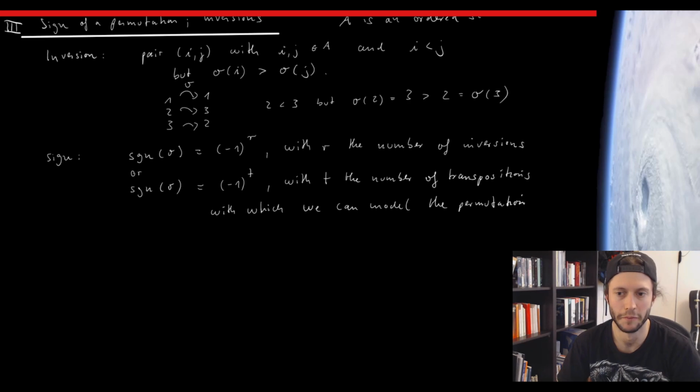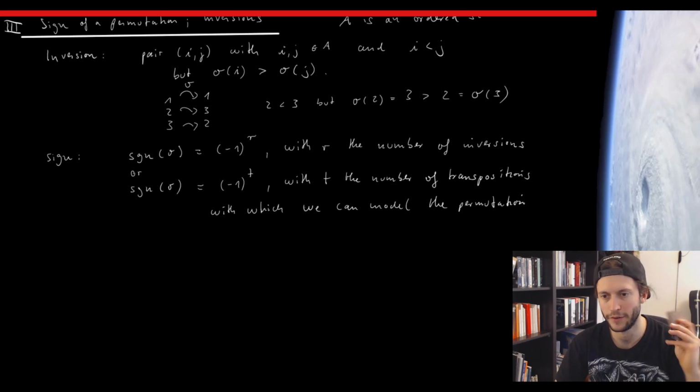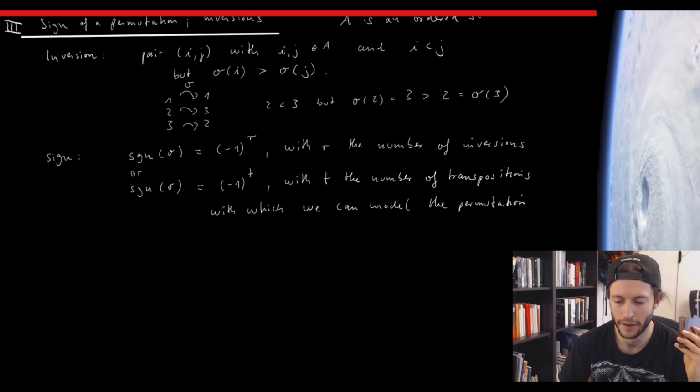So maybe you remember in the beginning I said we can actually express any permutation as a composition of transpositions. Transposition was those simple permutations where you just switch two cards. So if you reorder the set in any way you want to, I can find a way by always switching only two cards at once, and I will reach the same final state as you.